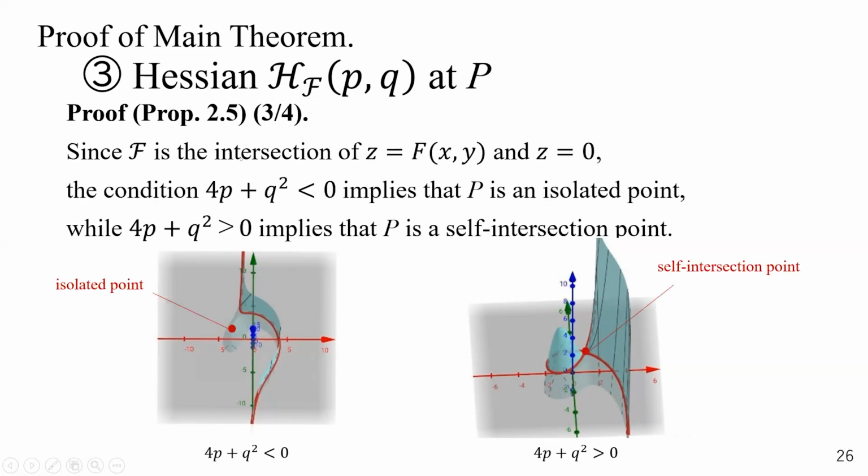Since F is the intersection of z equals f(x, y) and z equals 0, the condition 4p plus q squared less than 0 implies that P is an isolated point, while this term greater than 0 implies that P is a self-intersection point.